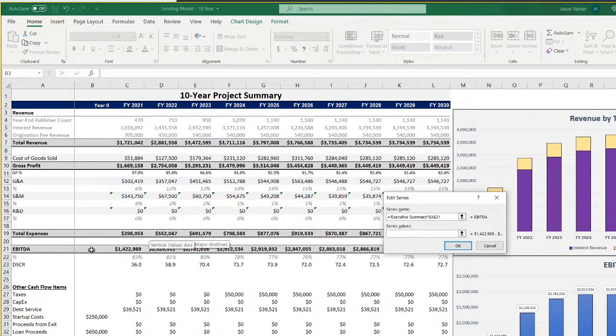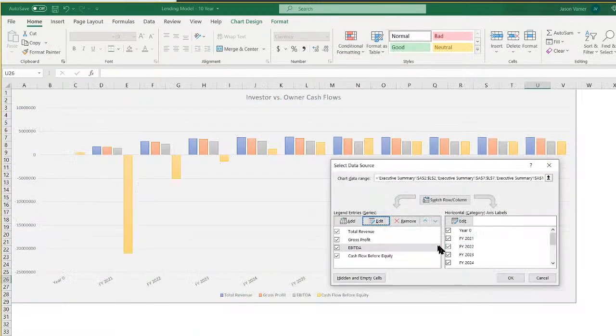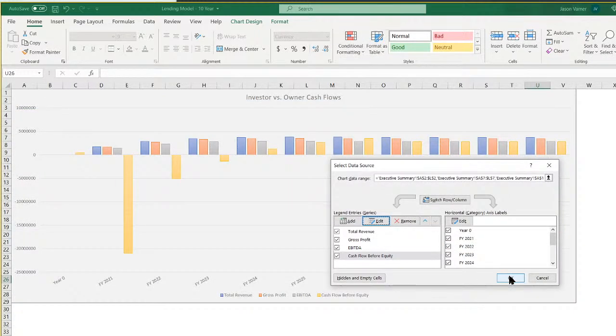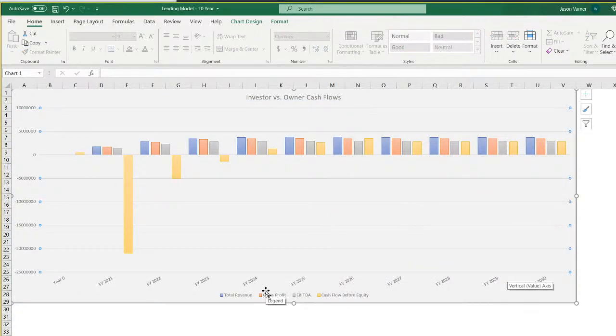Chart formatting can be a little bit of a pain if you haven't done it a lot in Excel, because you never know. Okay, that's good. There we go. All right.